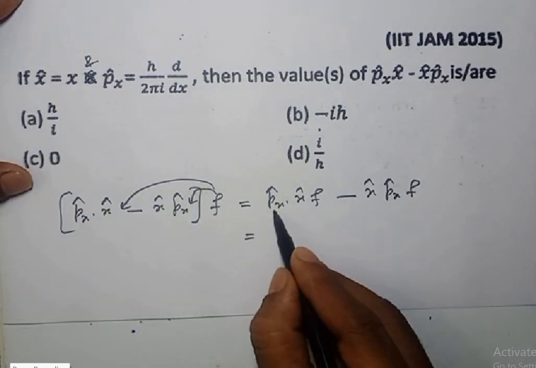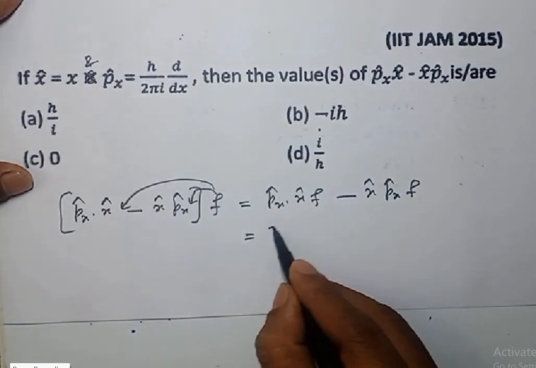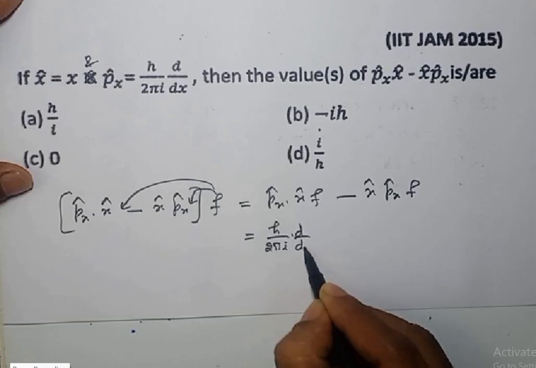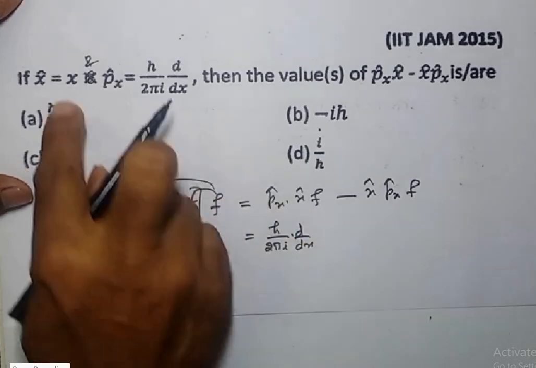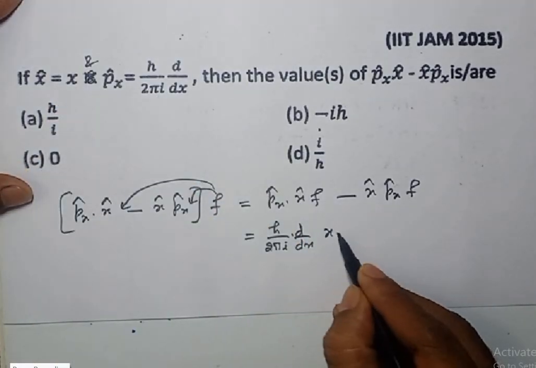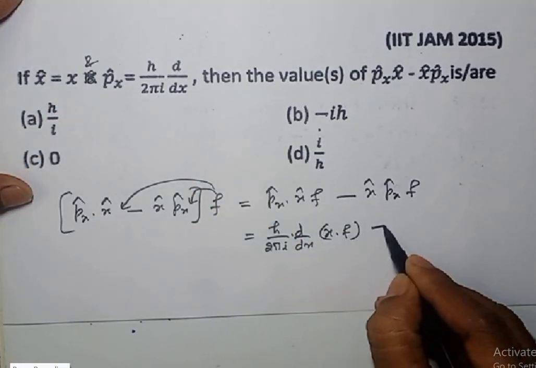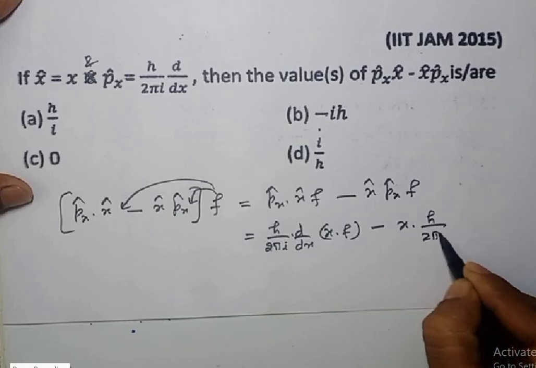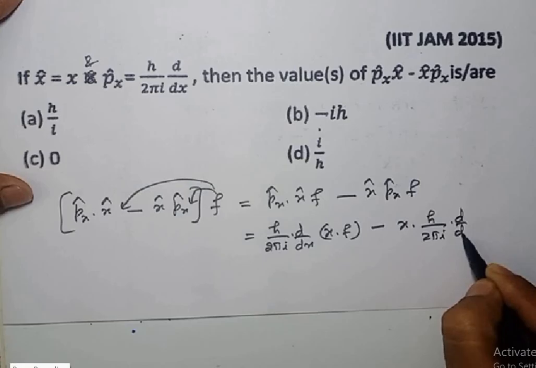What is the px operator given here? h by 2 pi i into d by dx. What is the x operator? The x operator is nothing but x. So x into f here, minus x into px, which is h by 2 pi i d by dx of the function f.